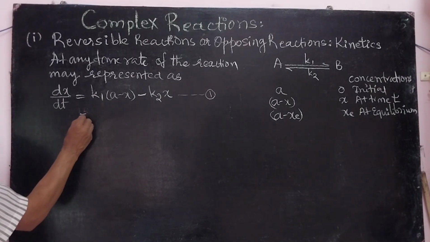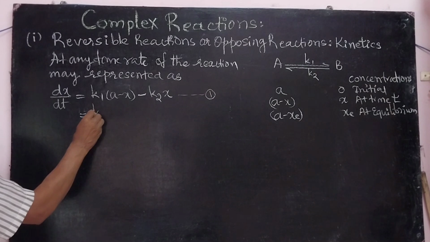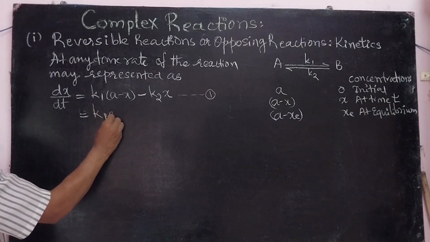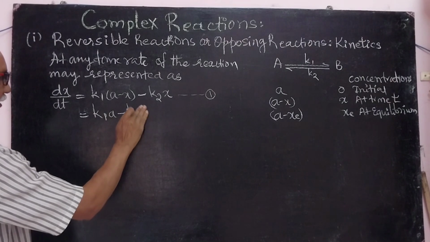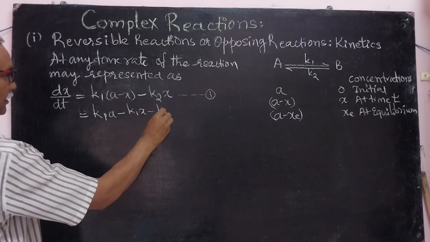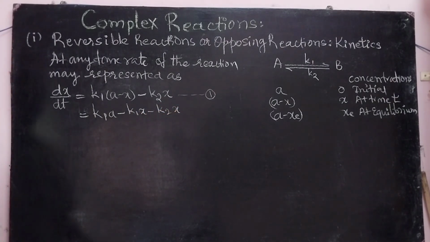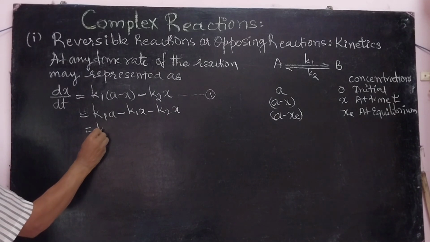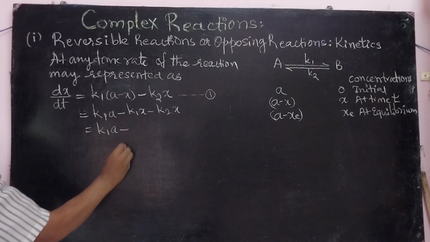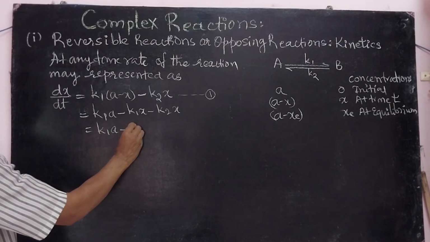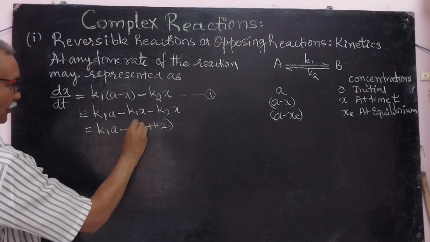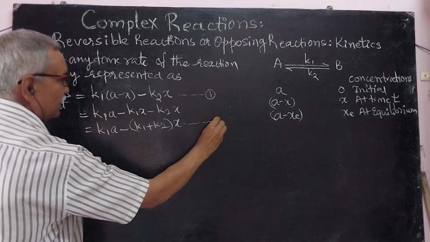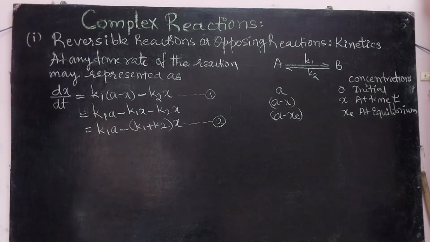Thus we may write, expand this: dx by dt is equal to K1A minus K1x minus K2x. This may be written as K1A minus (K1 plus K2)x. Suppose this is equation 2.